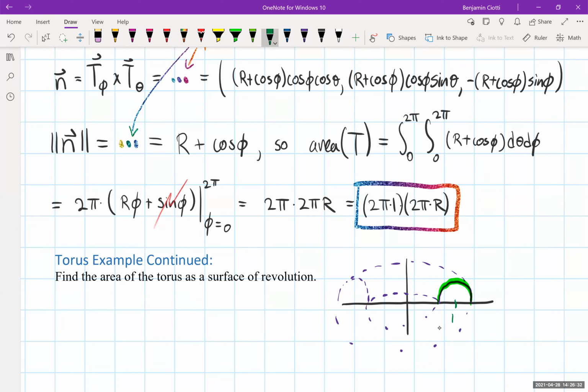It's the upper half of a circle centered at R and of radius 1. So that means that this point is R plus 1, and this point is R minus 1. And you can use the equation of a circle to verify that that's where z is equal to the square root of 1 minus (x minus r) squared.